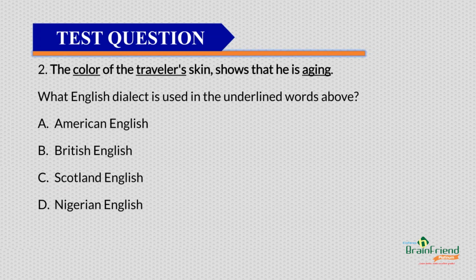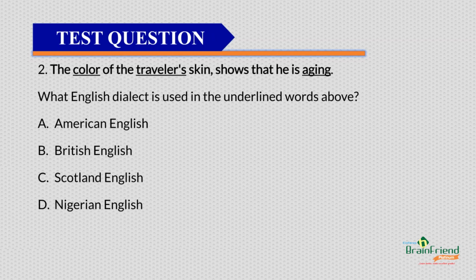Question 2. The color of the traveler's skin shows that he is aging. What English dialect is used in the underlined words above? I underlined the word color, spelled C-O-L-O-R, traveler's, spelled T-R-A-V-E-L-E-R-'-S, and aging, spelled A-G-I-N-G.